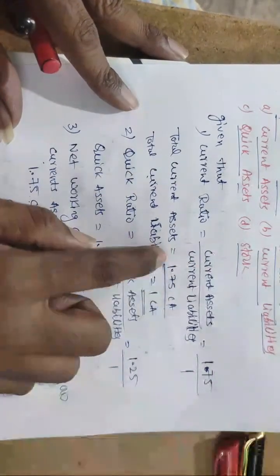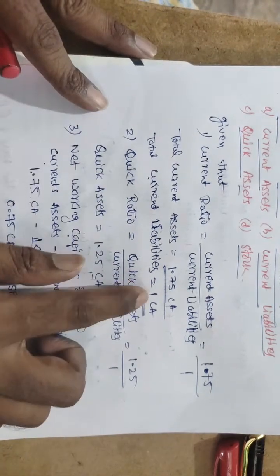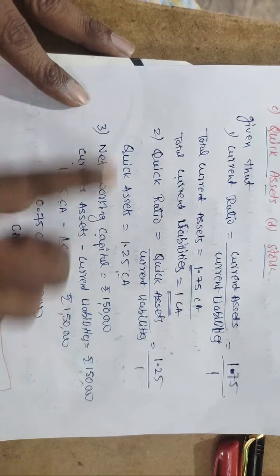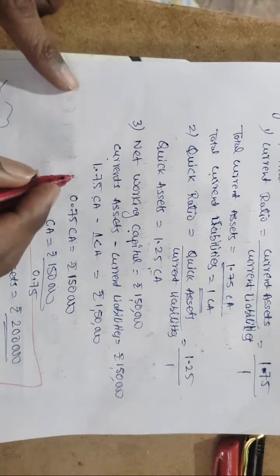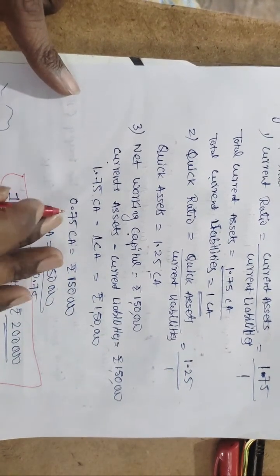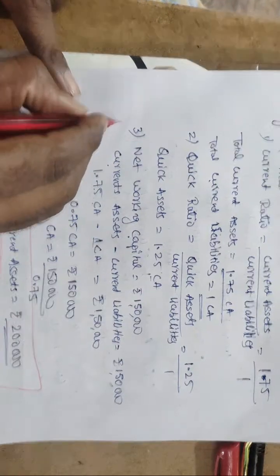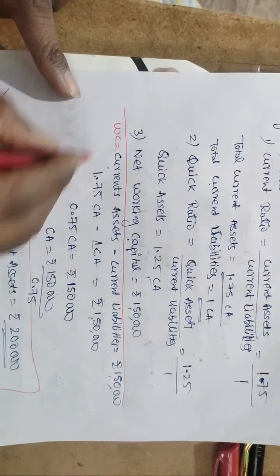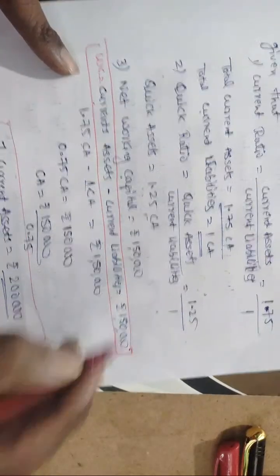So total current assets is equal to 1.75 current asset, current liability is equal to 1 current asset. Quick ratio, quick assets is 1.25 current assets. Net working capital, this is the important formula for calculating. So working capital is equal to current assets minus current liabilities. This formula is very important for us.